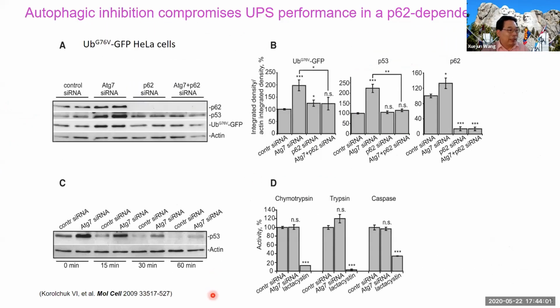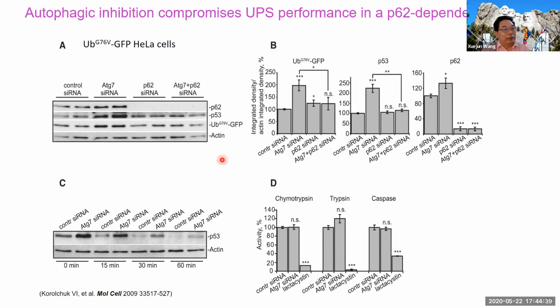In 2009, Dr. David Rubinsztein of the University of Cambridge published a paper in Molecular Cell showing that when you inhibit autophagy, you increase P62. Meanwhile, proteasomal substrates increase. Here they showed endogenous P53 as well as this surrogate, GFP with G76V ubiquitin fused, which is another surrogate substrate for the UPS.